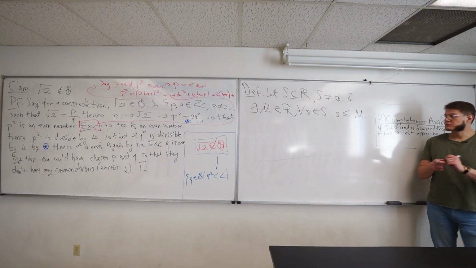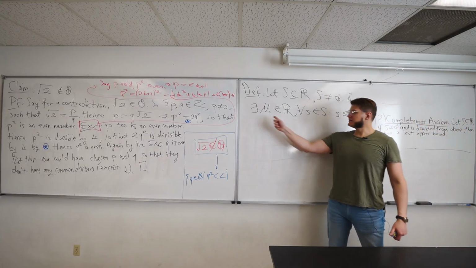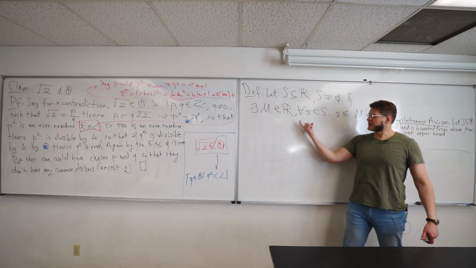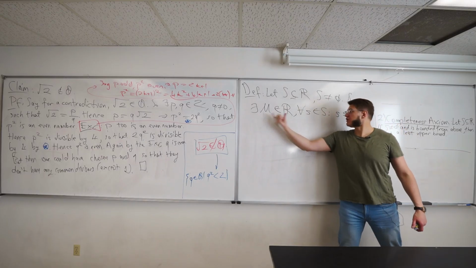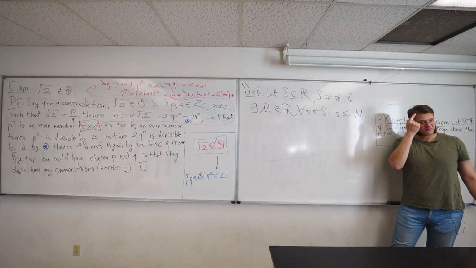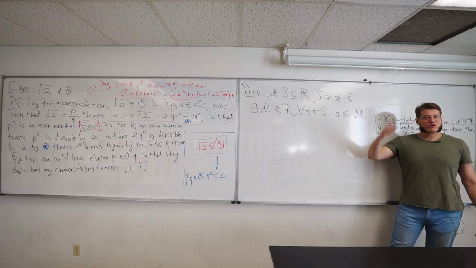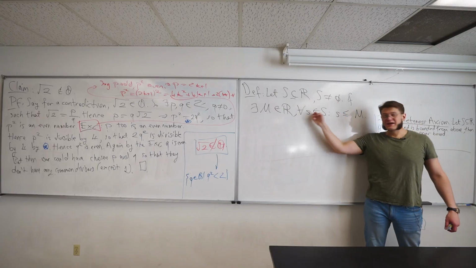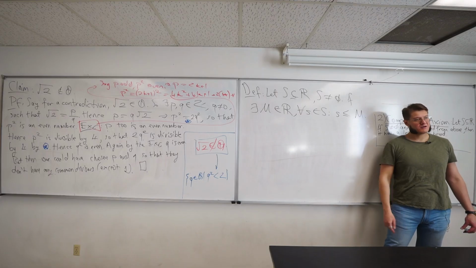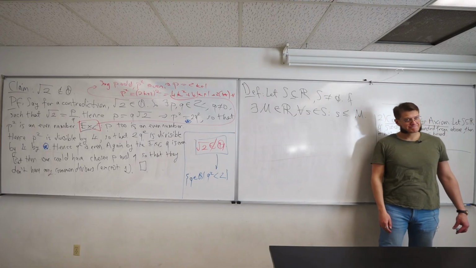Now, I should note that writing these quantifiers the other way around, in other words, saying for any s in S, there's an m in R such that this happens, that's not quite the same thing. I want one number that works as an upper bound for all s's in S. So for instance, integers satisfy it the other way around.